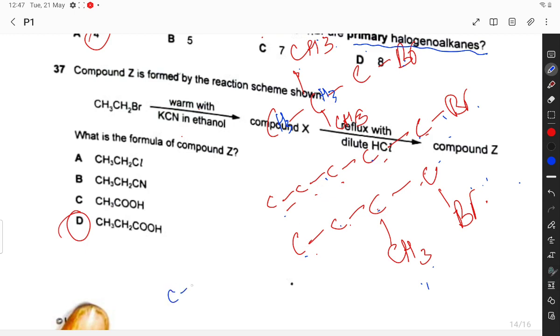Four carbon, CBr, and one in this, one in this, 1, 2, 3, 4, 5.